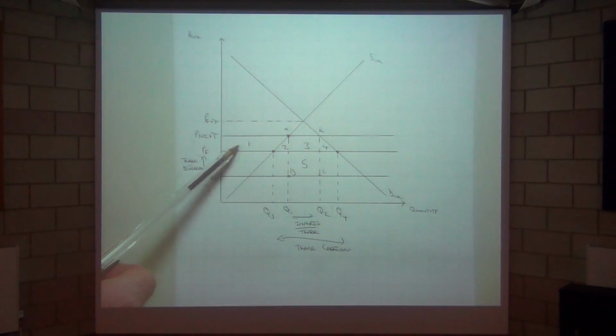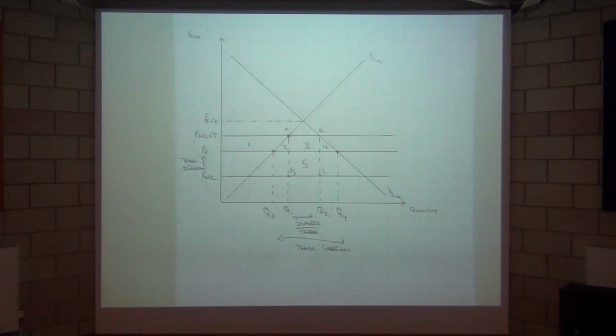And so areas 1, 2, 3 and 4 are all areas of enlarged consumer surplus. So clearly the consumer is benefiting from this trade creation, trade diversion, because their consumer surplus has gone up.